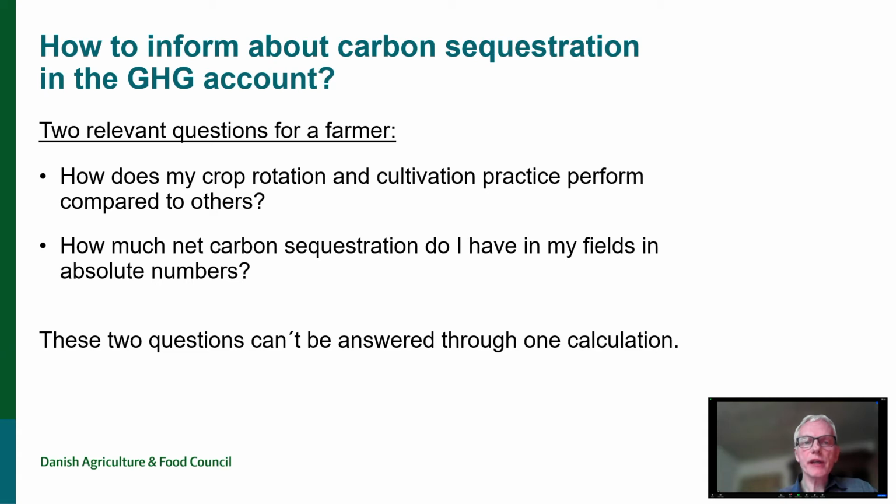And this question entirely focuses on the input of carbon. But we also want to answer the question, how much net carbon sequestration do I have in my fields in absolute numbers? And to answer the last question, we also need to know the output of carbon dioxide from the soils. And then we need to know the content of carbon in the soil and the turnover.